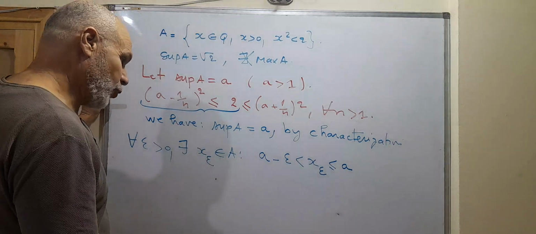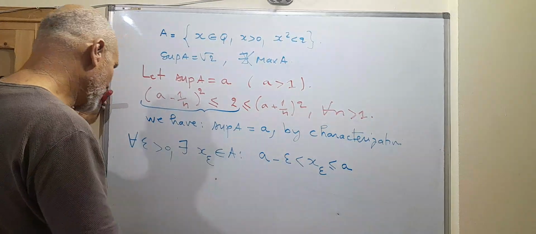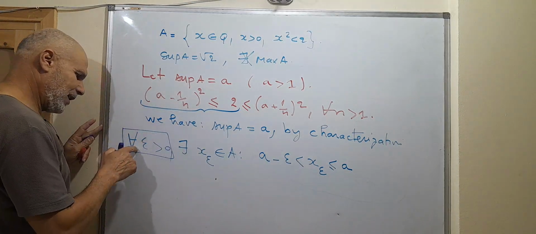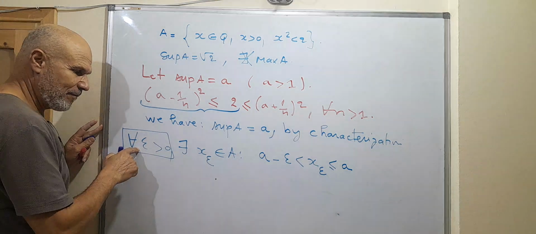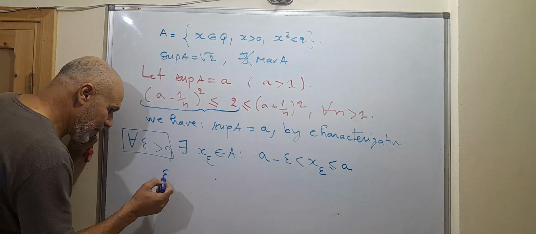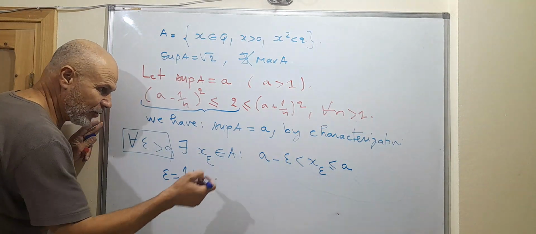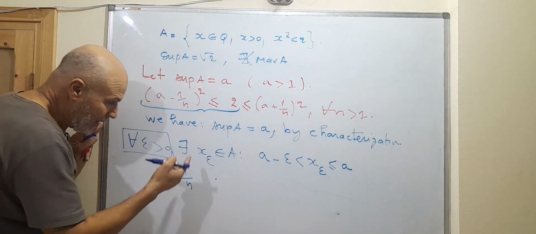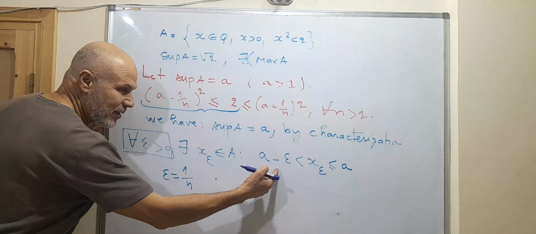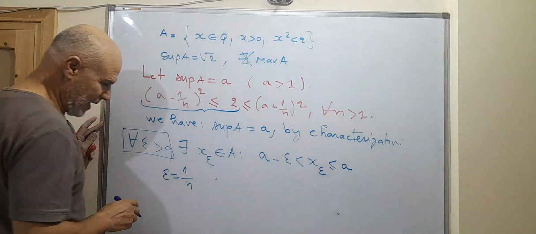This is true for all epsilon, any given positive real number. If we take epsilon equal to 1 over n for n greater than 1, this is still true, because this is more general than a special case.